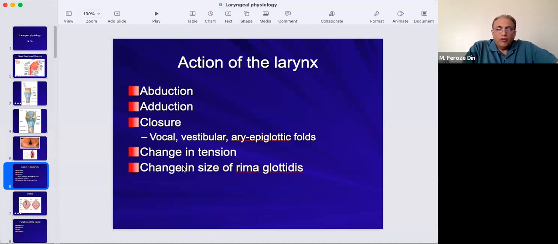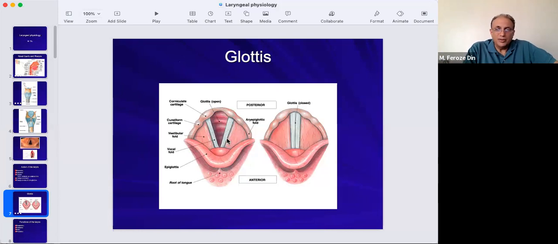The vocal folds can change in tension and change the size of the rima glottidis, which means that of the vocal cords, you can have part of them vibrating or a larger portion of them vibrating. This gives you an idea. So if this is the glottis, and this is the epiglottis, this is the aryepiglottic folds.